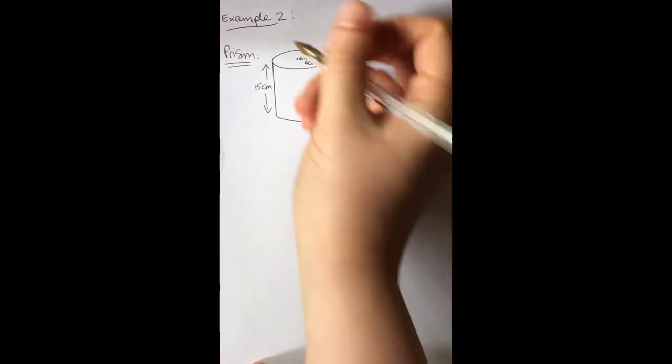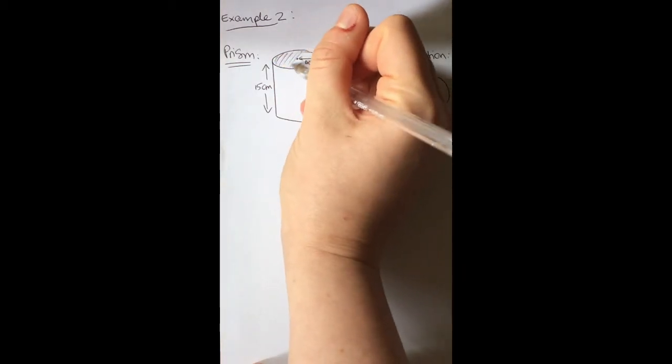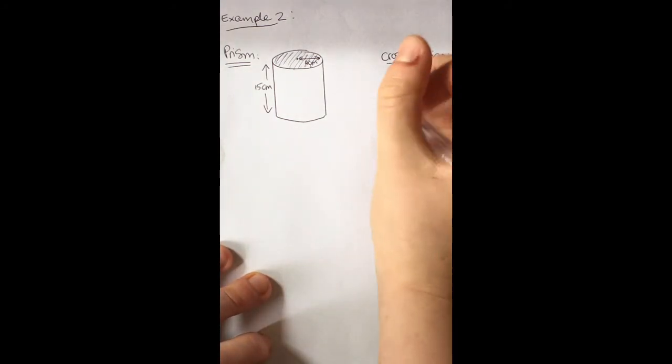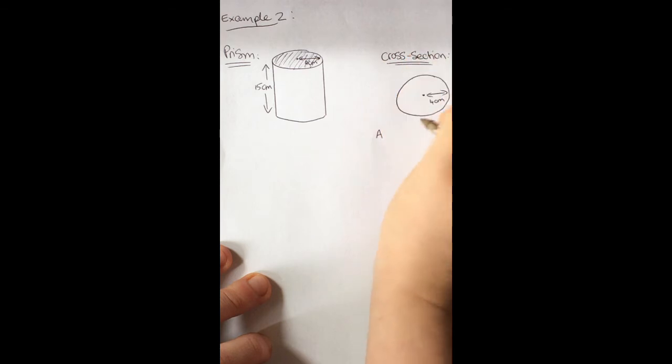Okay, so the cross section for this one, as we've just said, is this circle on the top, so that's this circle here. Okay, let's mark on our radius. So we've got from the centre to the circumference, that is 4 centimetres. Okay, we then have our area of our cross section, which is a circle this time, which is pi r squared.